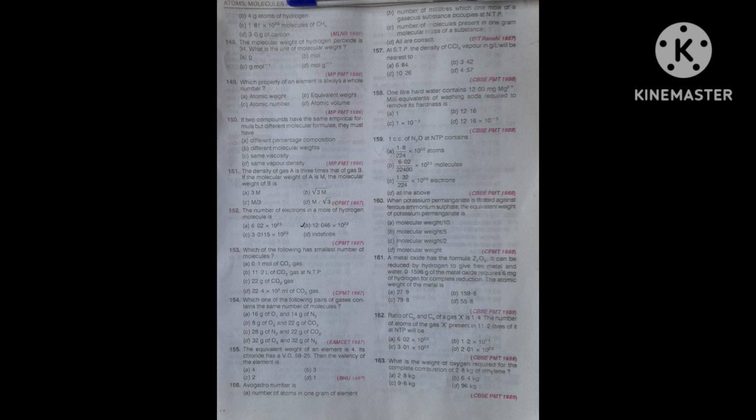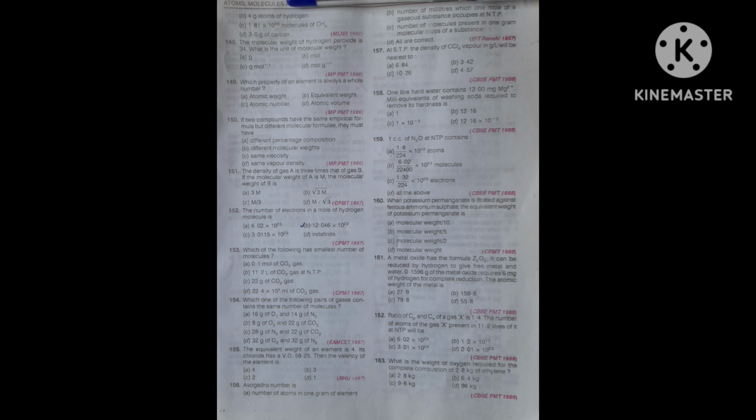When potassium permanganate is titrated against ferrous ammonium sulfate, the equivalent weight of potassium permanganate is: first option, molecular weight divided by 10. Second option, molecular weight divided by 5. Third option, molecular weight divided by 2. And fourth option, molecular weight.